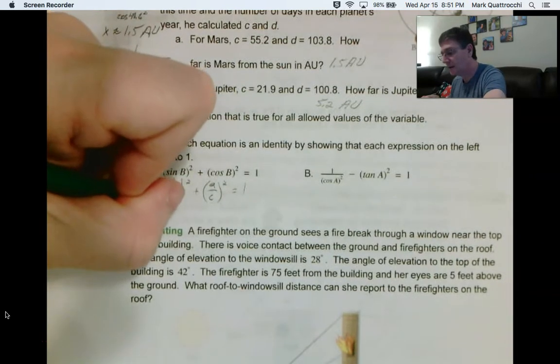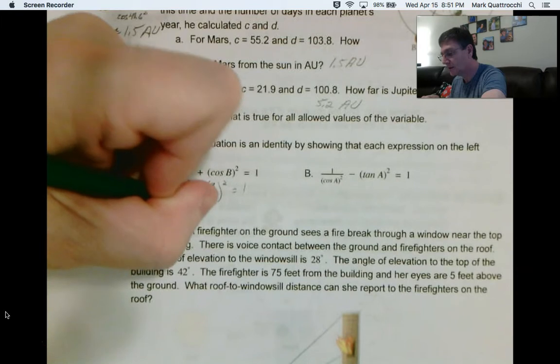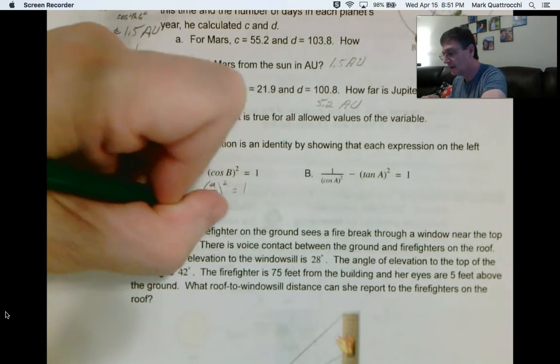So we have b squared over c squared plus a squared over c squared equals 1.